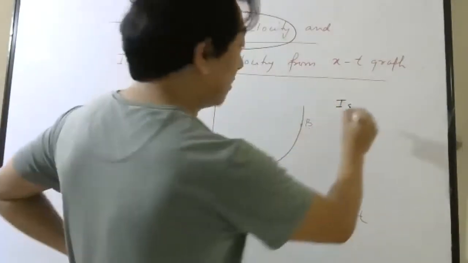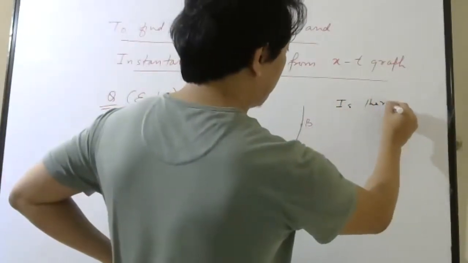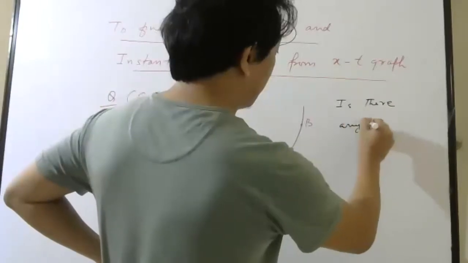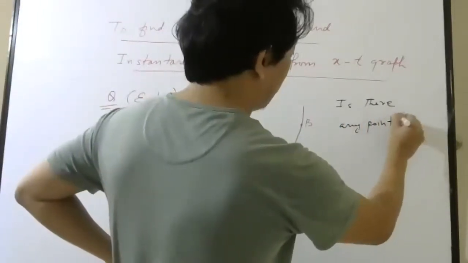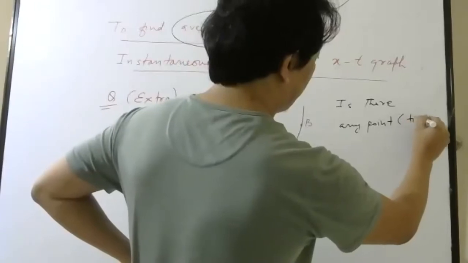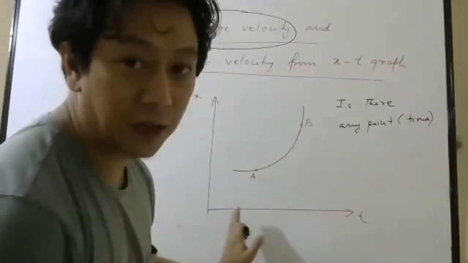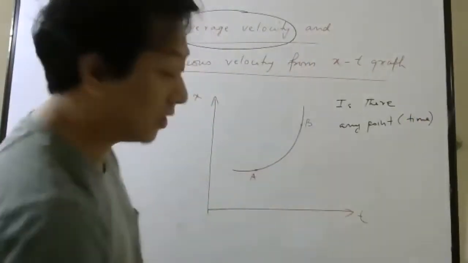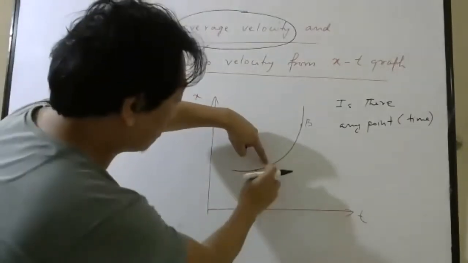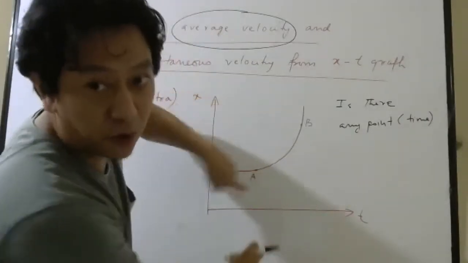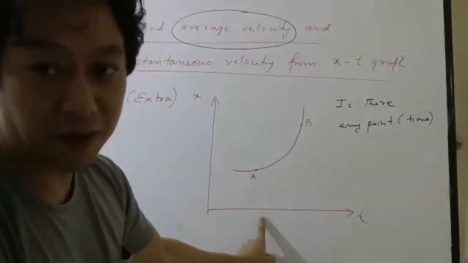Question is, is there any point, means some time, here, any time or any point on the graph? See, every point in the graph corresponds to some time, right?